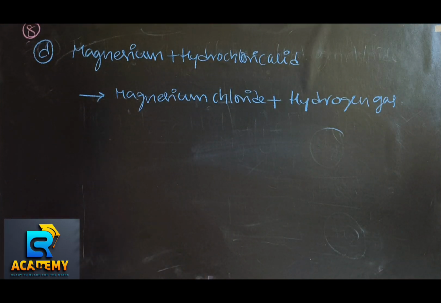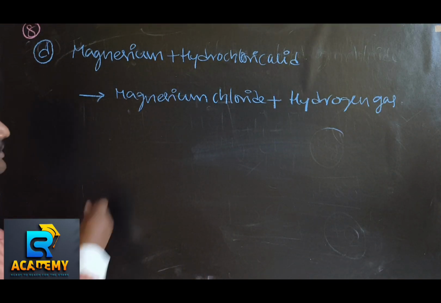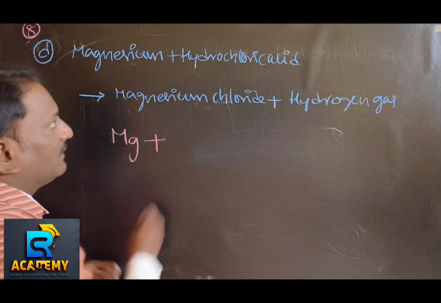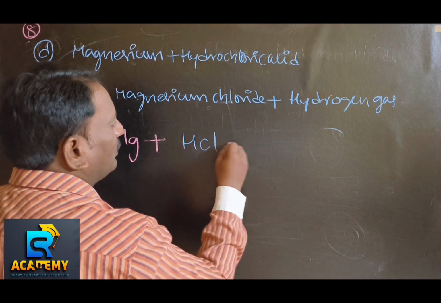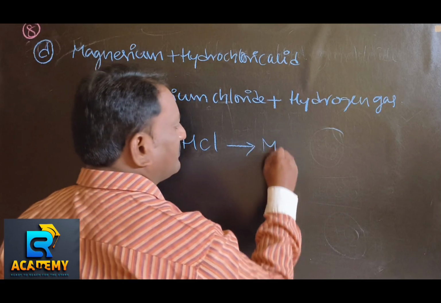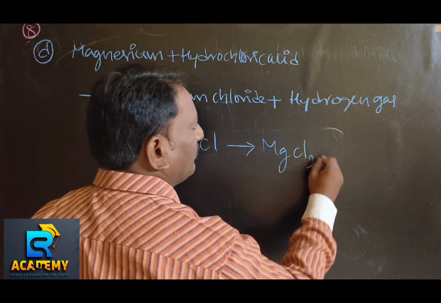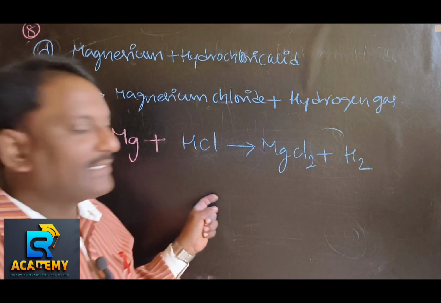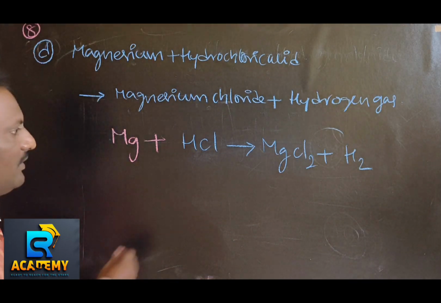Right? Magnesium metal, when dropped in hydrochloric acid HCl, gives magnesium chloride MgCl2 plus hydrogen. What kind of reaction is it? Let me balance first of all.